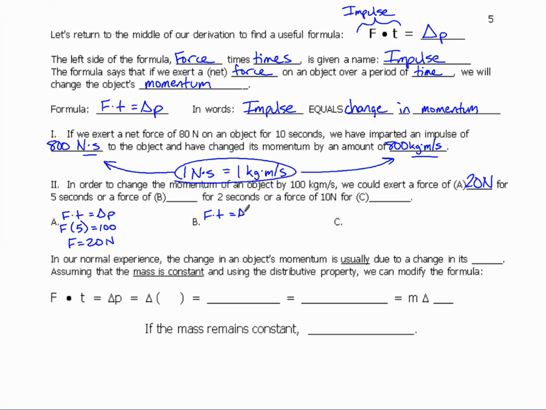If we want to change the momentum of this same object in 2 seconds, force times 2 seconds equals a delta P of 100, which requires a force of 50 newtons.